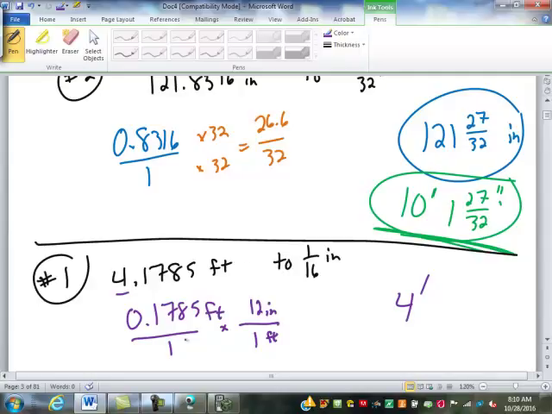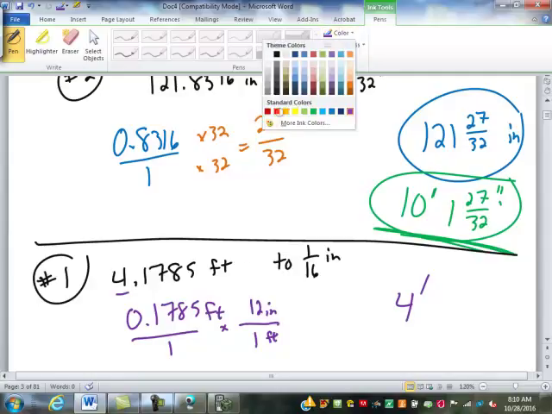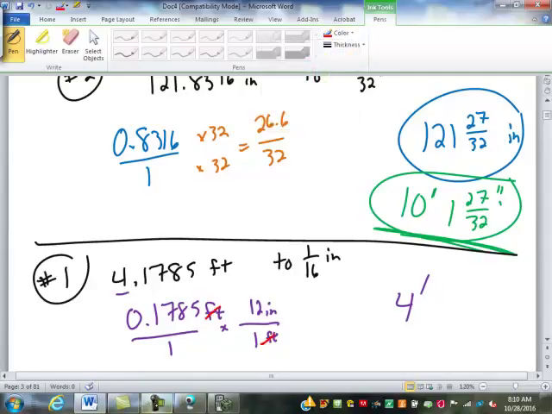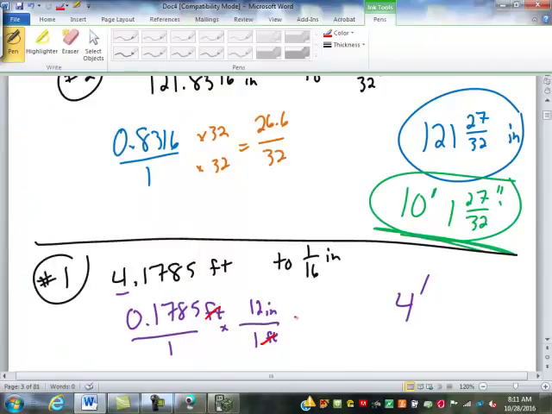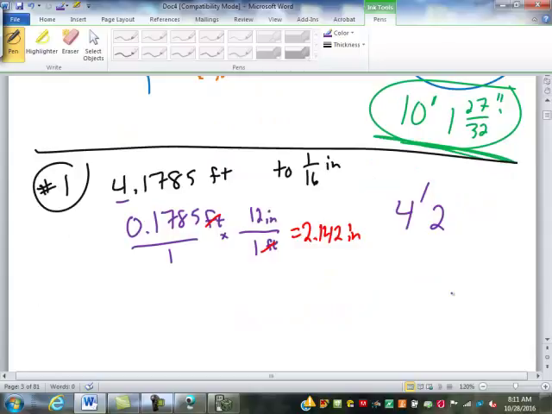Yeah, it's in feet, so I've got to turn it into inches. So I'm going to multiply by 12. So I get 2.142. Now it's in inches. And now I'm going to take off the 2. So now I'm going to take the 0.142 and do what?